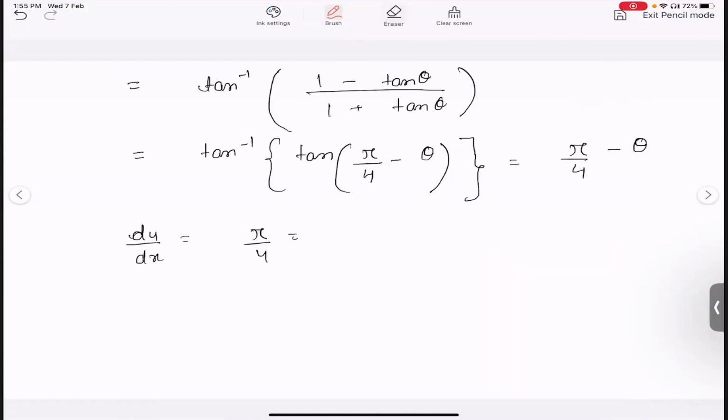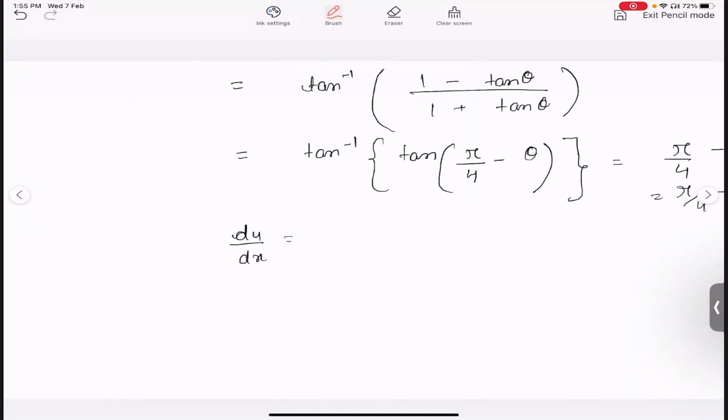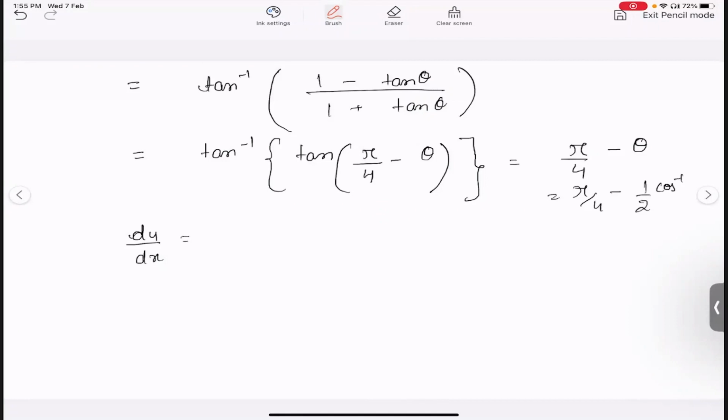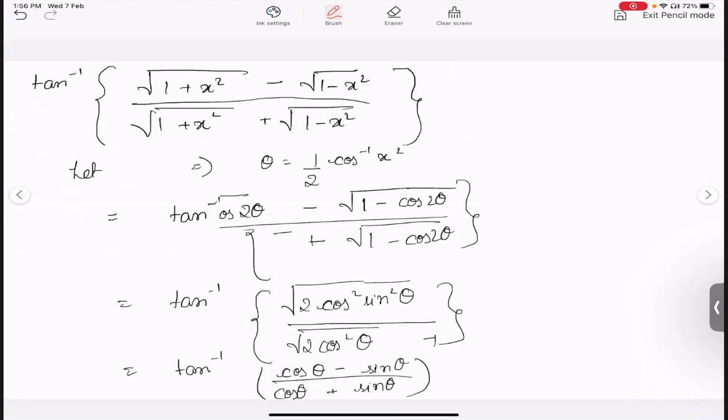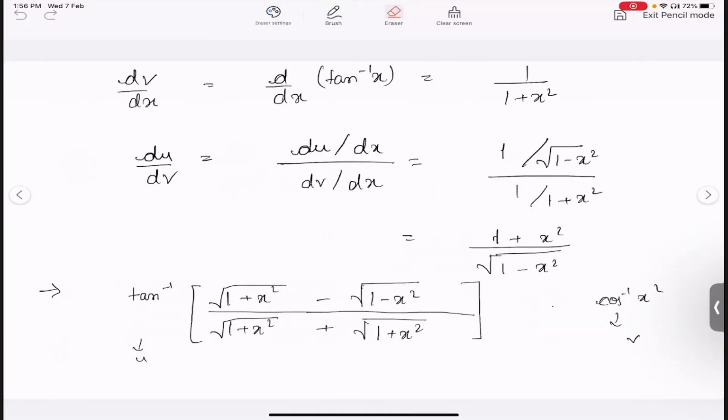So u will be equal to pi by 4 minus 1 by 2 cos inverse of x square. And we have to find du by dv. Since cos inverse of x square is the thing that we have as v.